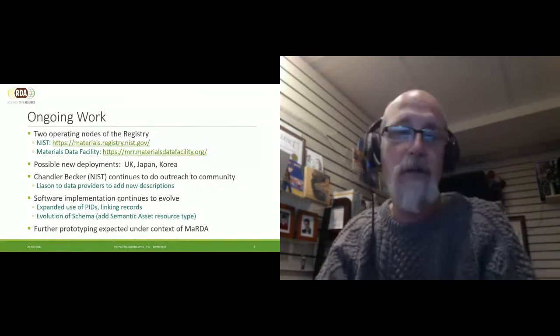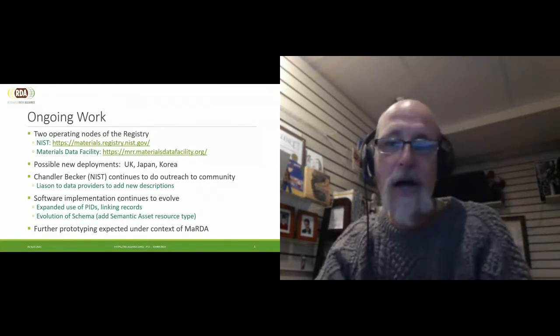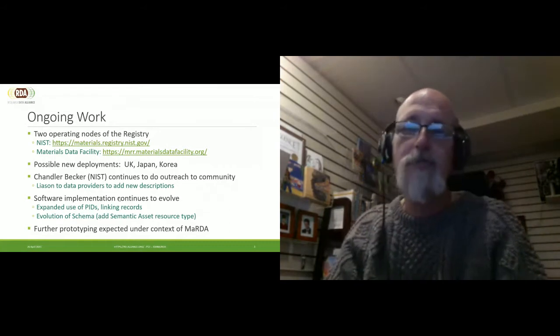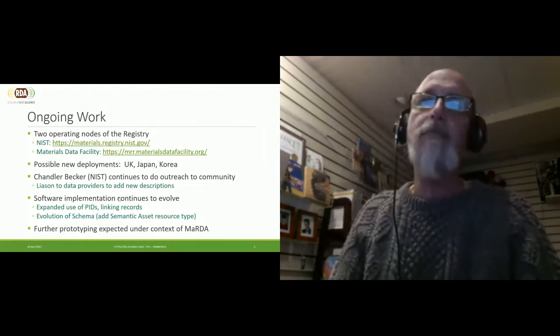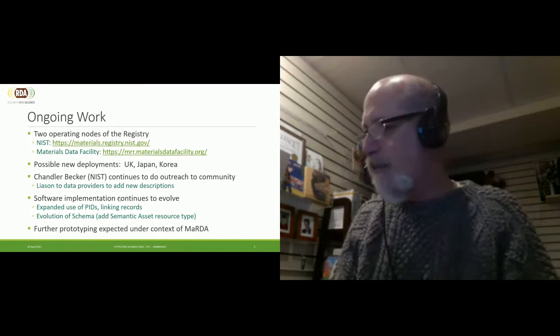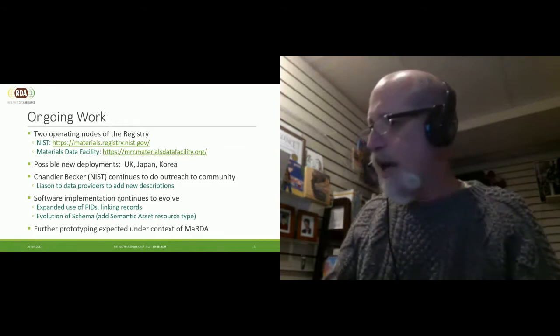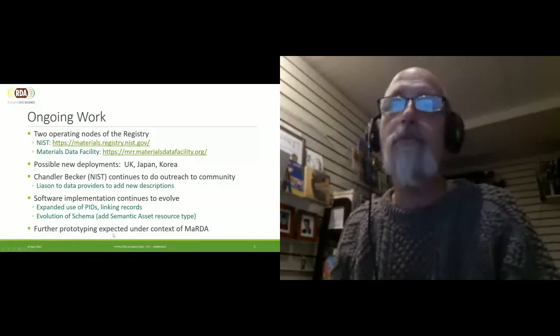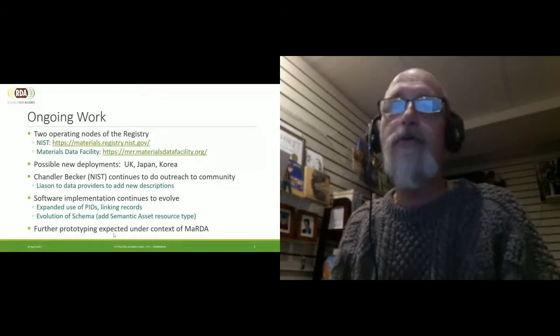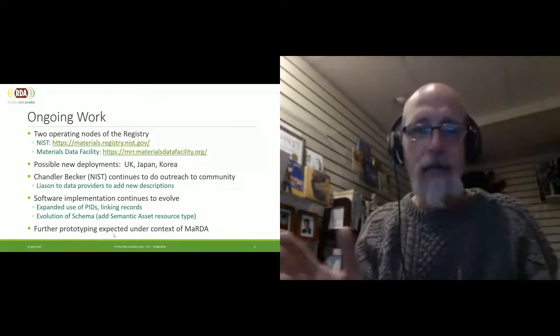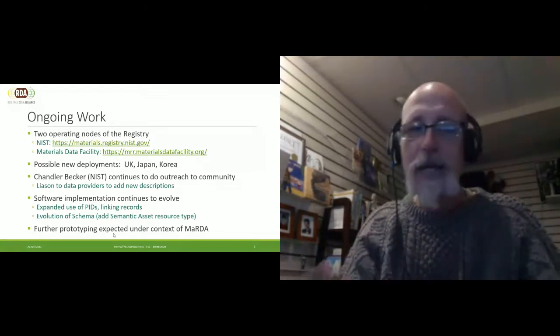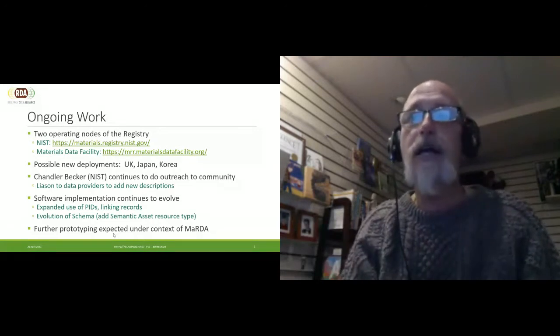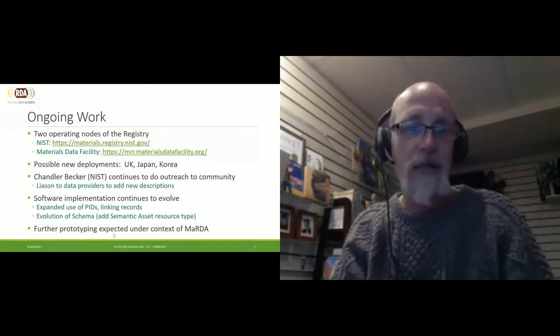And we've also been talking about how we can make the presence of the schema and its evolution more transparent to the community, and allow for participation in that evolution. Further prototyping and use of and expansion of the registry is expected under the context of MARTA.